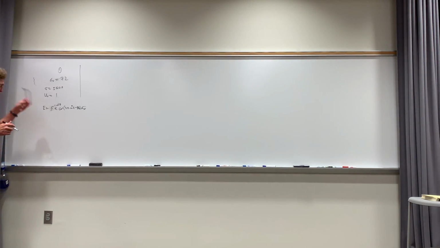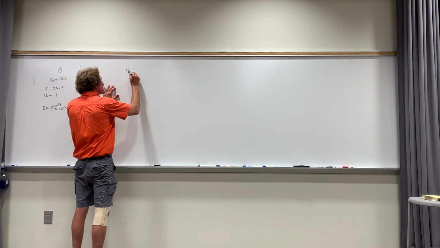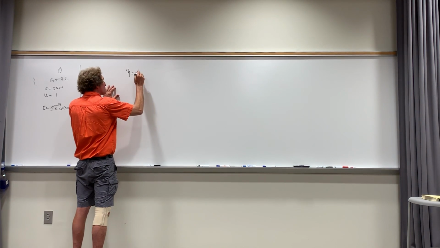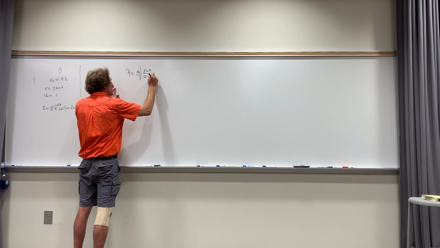Anyway, for this problem right here, what are the questions they want? Intrinsic impedance. These are just gimmies. Intrinsic impedance is the square root of j omega mu over sigma plus j omega epsilon.